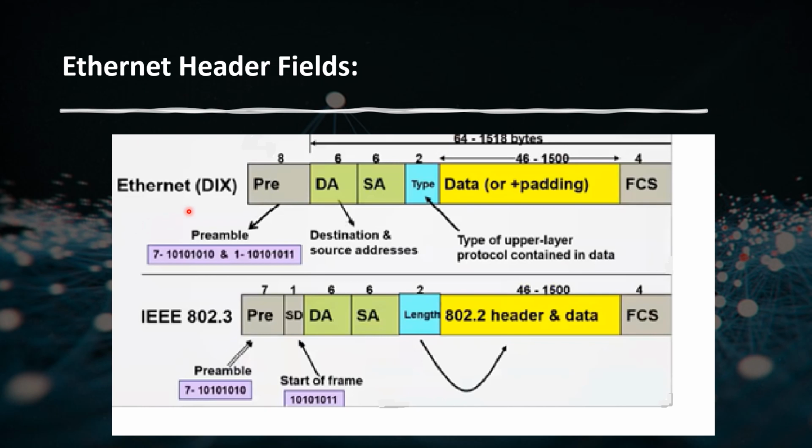As we said, initially the preamble is combined with the start of the frame, and when 802.3 was introduced, the start of the frame was divided. If it ends with 11, it means the frame is going to start.